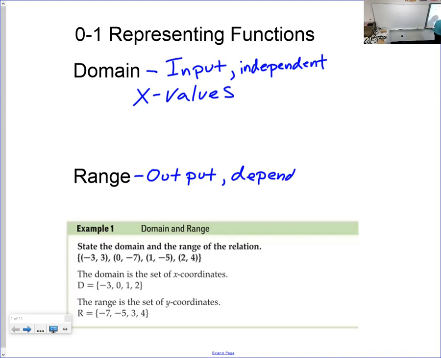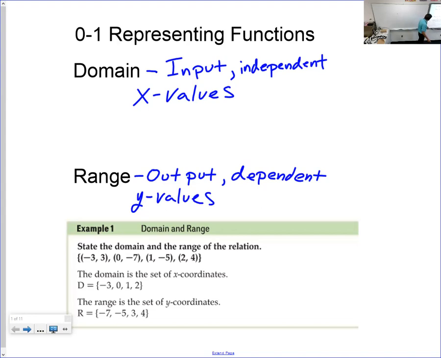And it is the y values. And again, most important for today is y values.